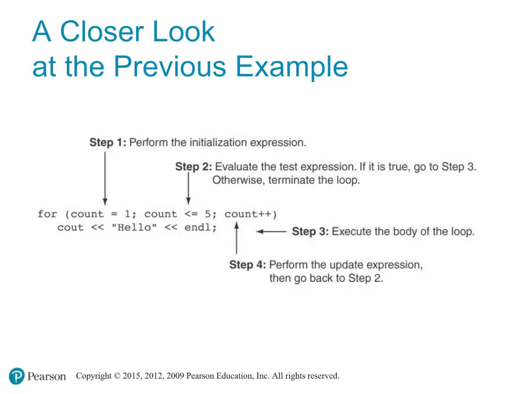Step 3 is, if count is less than or equal to 5, we execute the cout statement to print hello on a new line. Then step 4, you perform the update expression. Then go back to step number 2. In step 2, when the count becomes greater than 5, the loop terminates.